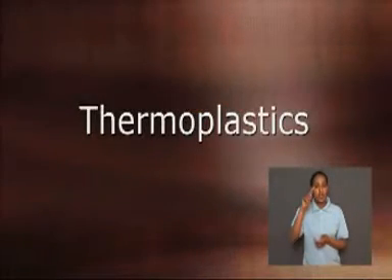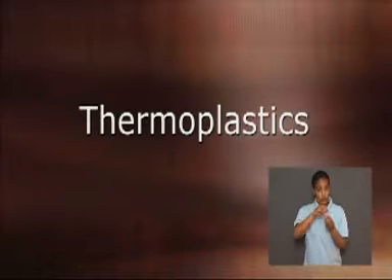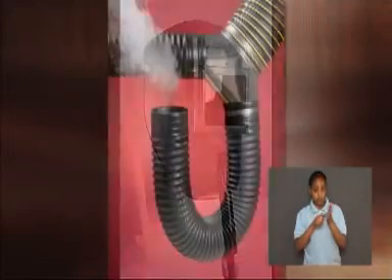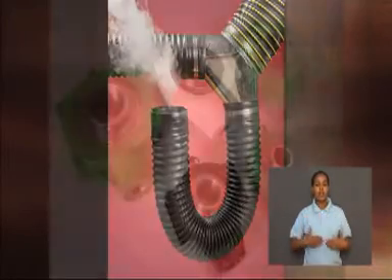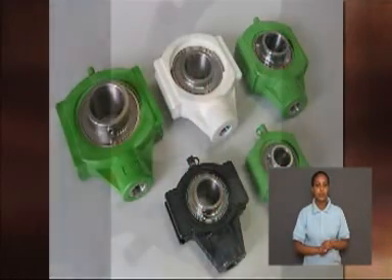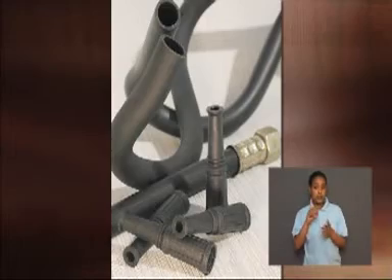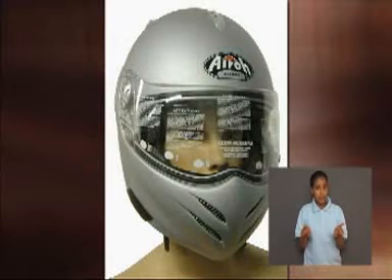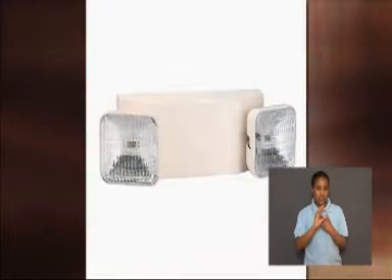A thermoplastic is also known as a thermo-softening plastic, which gives you a clue about its physical properties. It is a polymer that turns to a liquid when heated and freezes to an extremely glassy state when sufficiently cooled.